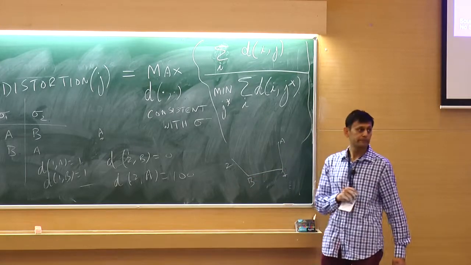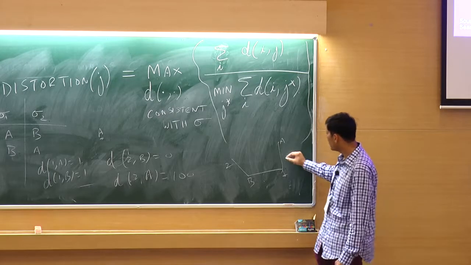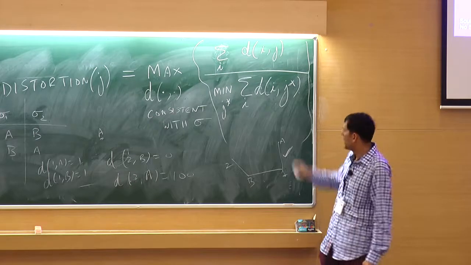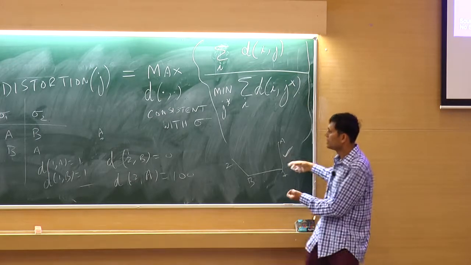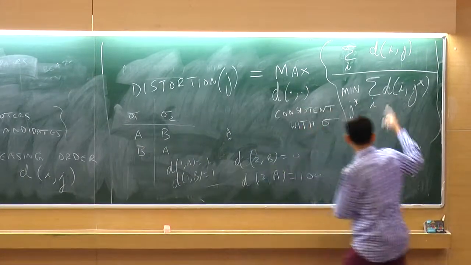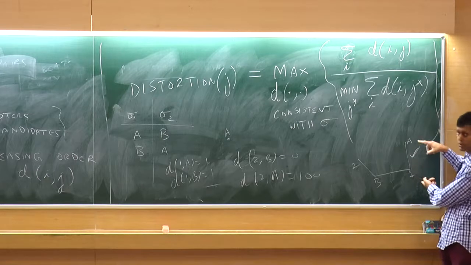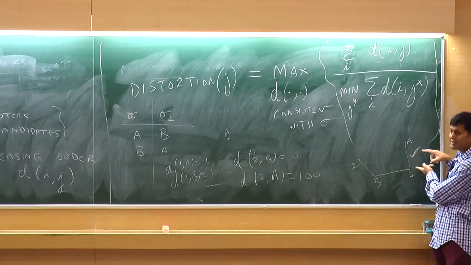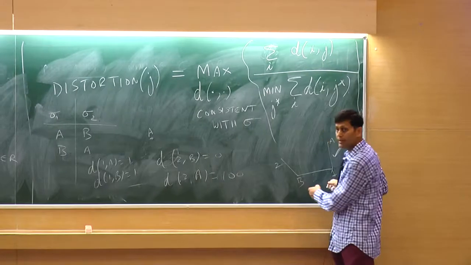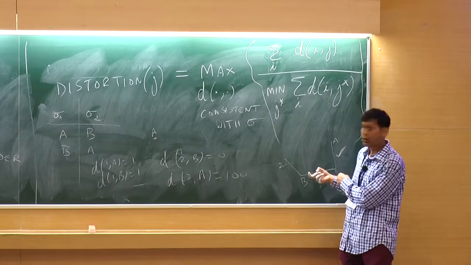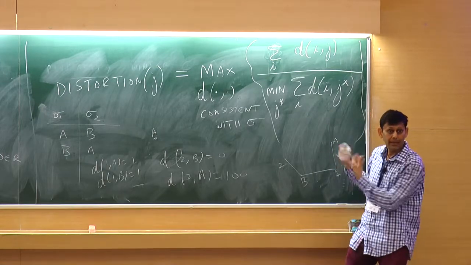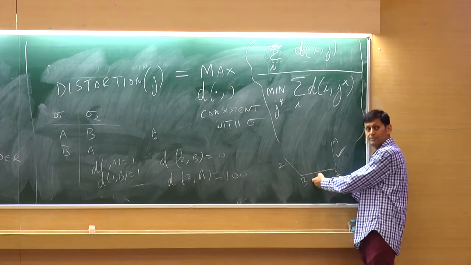So the distance between 2 and A cannot be larger than the distance between 2 and B, between B and 1, and 1 and A. Now the distance between 1 and A is something that any algorithm has to pay. Any J star has to pay it, because A is before B in the ranking. Whether you pick B as the winner or A as the winner, the distance from 1 cannot be more than D of 1 comma A. So you can charge this to the algorithm. The distance between B and 1 you can't quite charge to the algorithm if J star ends up being A, but if J star ends up being B, then you can also charge this to the algorithm.